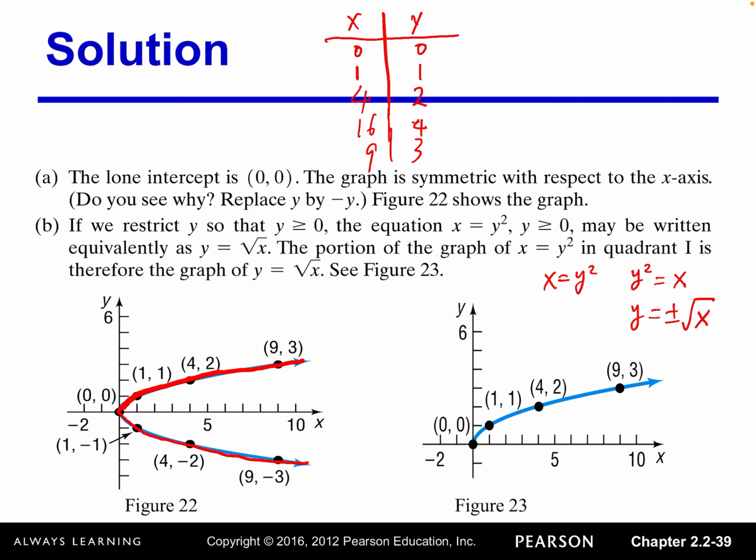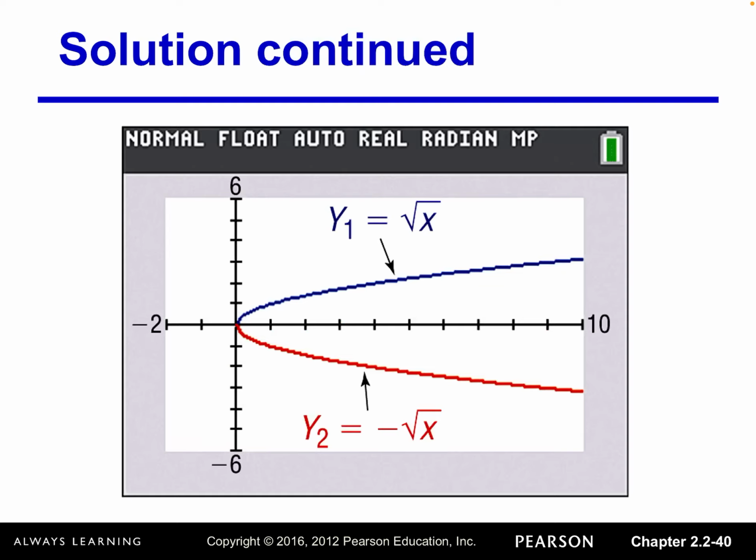Okay, so we can put the two functions into the graphing calculator, y1 equals positive square root of x, y2 equals negative square root of x. Okay, and then that's the graph you will see. This is y1, square root of x. This is y2, the red color one. That's negative square root of x.